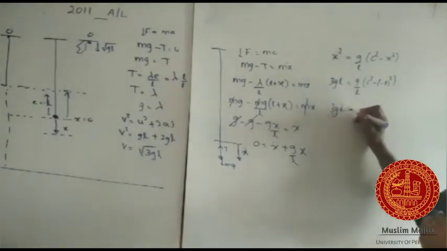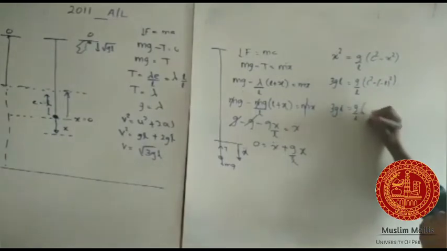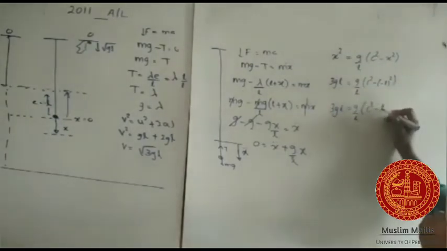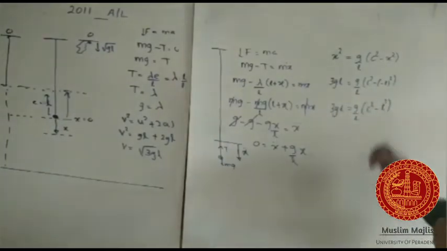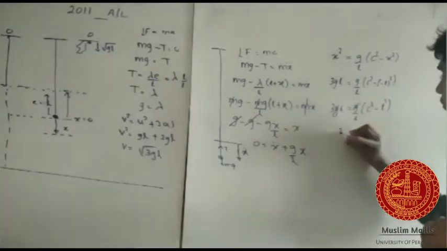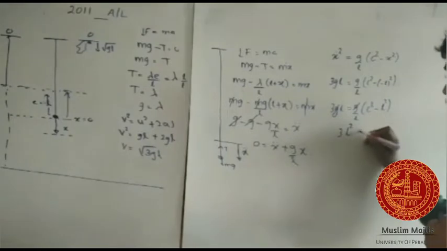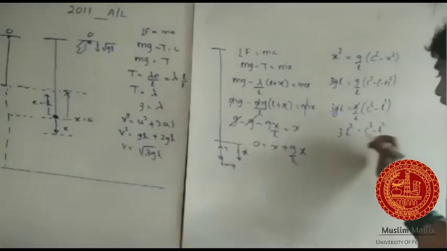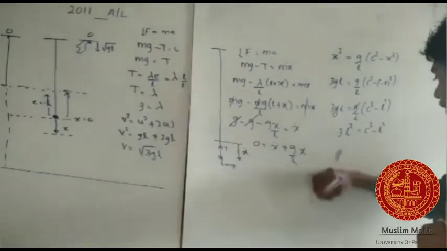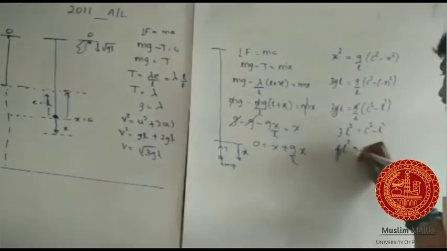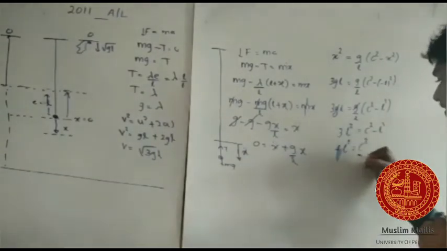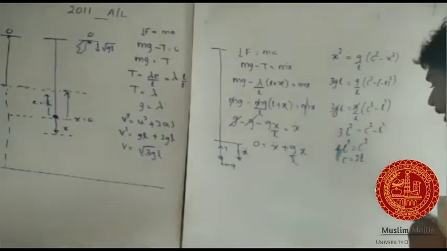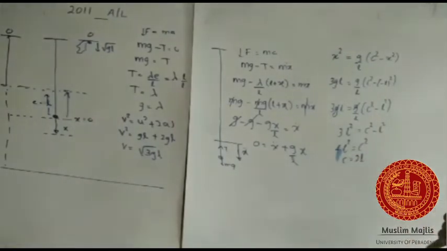So 3gL equals g over L times (c squared minus L squared). Now g is gone. 3L squared equals c squared minus L squared. Take this L squared to the other side, so 4L squared is equal to c squared. If that was the case, c is equal to 2L and the amplitude is 2L.